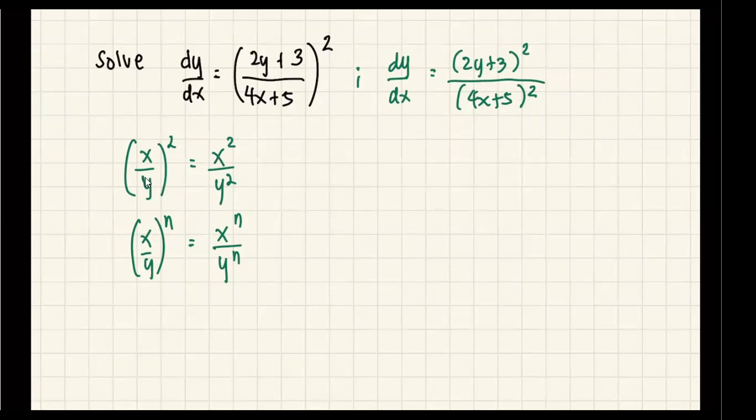So, ibig sabihin, madali lang siya na-separate, no? So, pag sineparate siya, magiging siya dy all over 2y plus 3 squared is equals to dx all over 4x plus 5 squared. Ayan, may integral na lang labanan dyan.